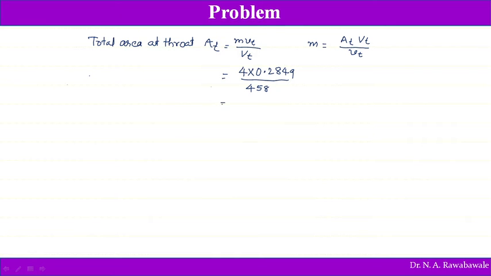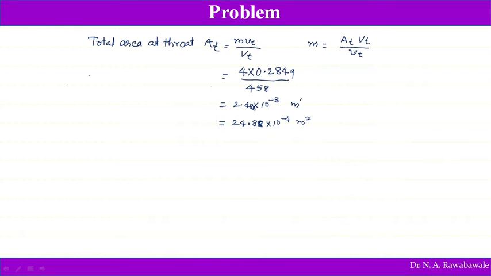On calculation we get total area at throat as 24.88 into 10 to the power of minus 4 meter square.